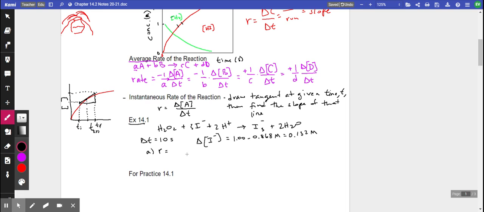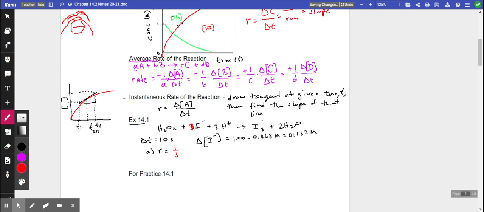So the rate is going to be equal to the change in iodine over the change in time. But remember that we have to take into account the coefficient here. This 3 right here, the coefficient, we have to put 1 over 3.